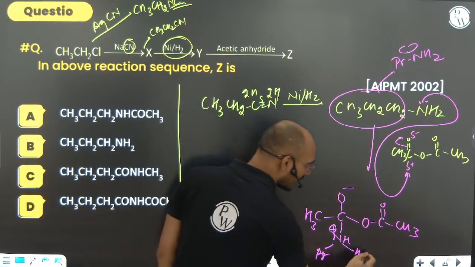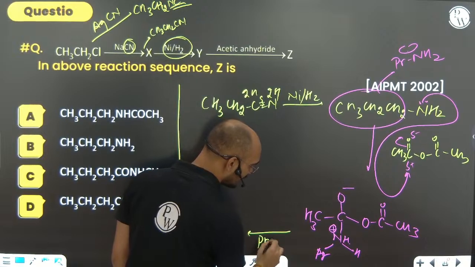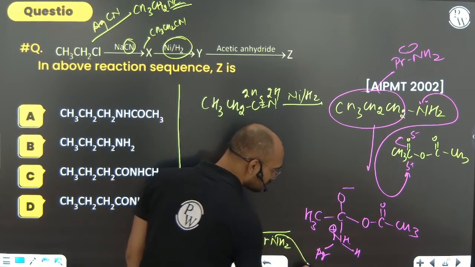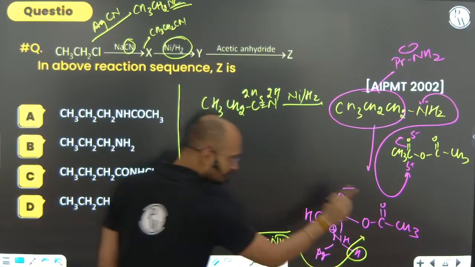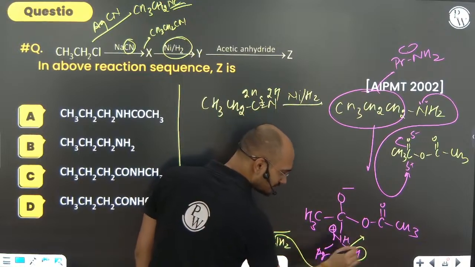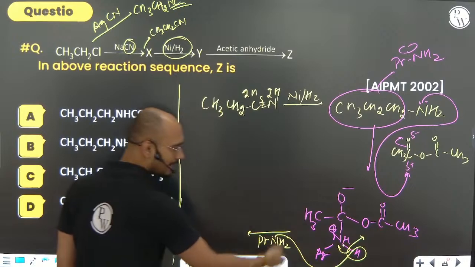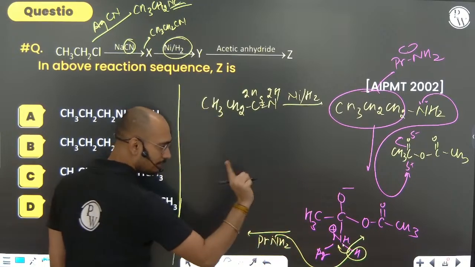What will happen? Now here there is some more NaNH2 or PrNH2. This NH2 will attack on this and take away the hydrogen, because a positive charge on nitrogen is not good when there is hydrogen. So this bond pair will be taken by nitrogen, and nitrogen will again have 3 bonds.